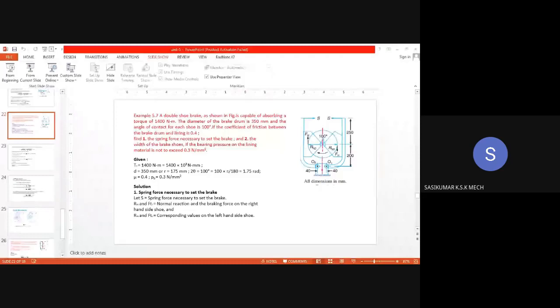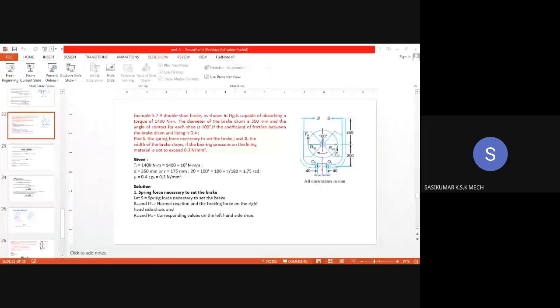Then what you need to find is the spring force that is necessary to set the brake. Assume that here you have a spring connected with each other to set the brake in place. And the width of the brake shoes, here you are seeing in the normal direction. In a plane, the brake shoe will be like this.